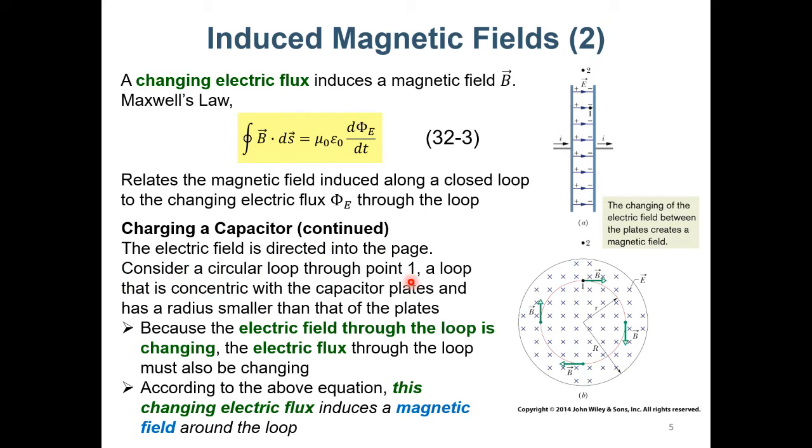Consider circular loop one. Where is point one? Point one is here. It is a loop that is concentric with the capacitor plate and has a radius smaller than that of the plate. So we imagine this is the Ampere's loop, and this is its radius.